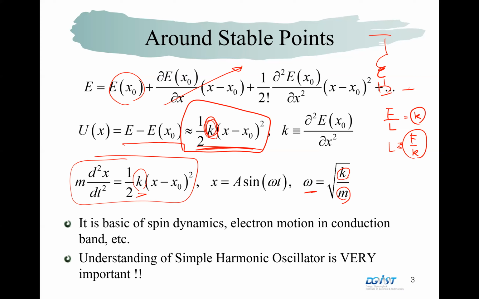So it implies that if we have a large k, it's difficult to change the system by the given force, and then we have a large omega. Just imagine, going back to classical physics, that a large k implies you have some string of a given length.